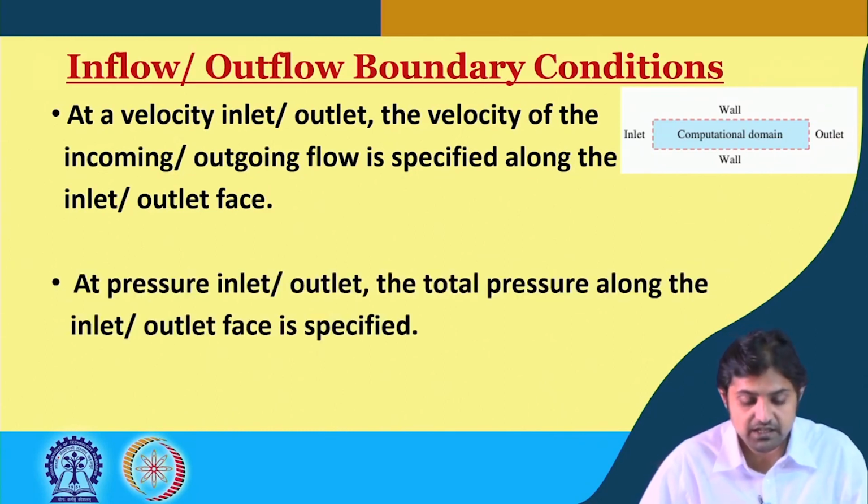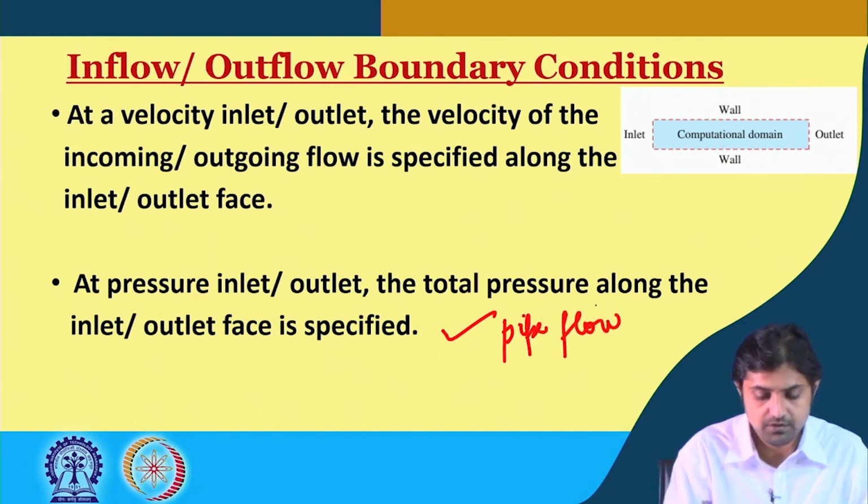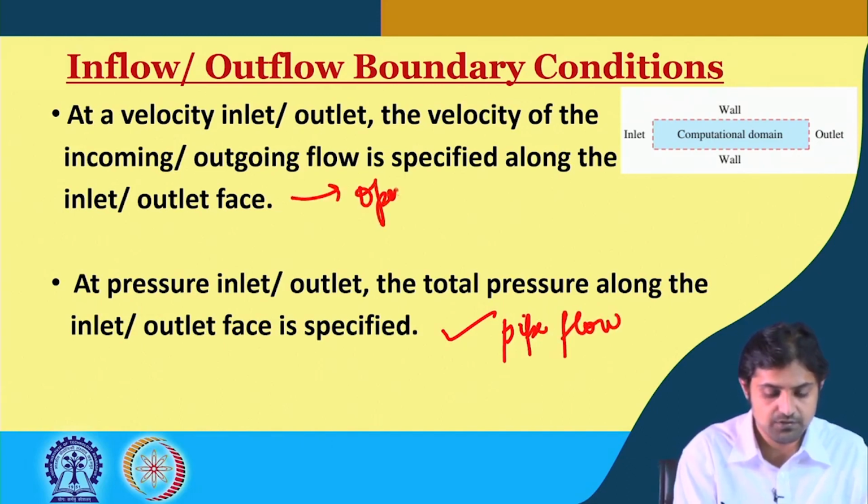At pressure inlet and outlet, the total pressure along the inlet and outlet face is specified. So the specification can be in two forms, whether we want to specify the flow velocities at the inlet or outlet, or the pressure. One typical example here for the pressure is the pipe flow. Here it is open channel flow. All right.